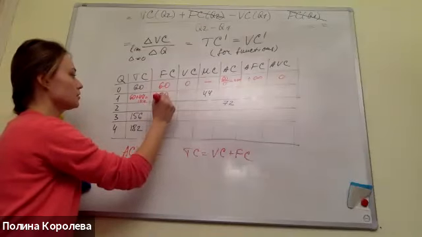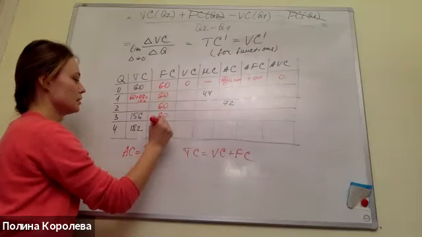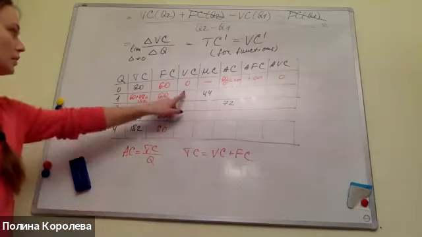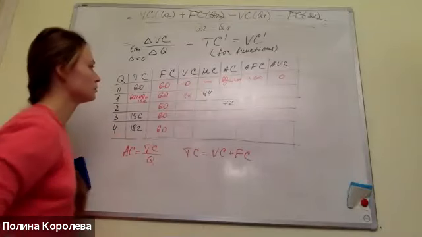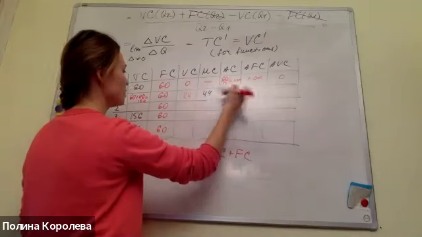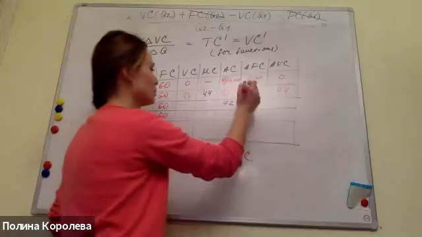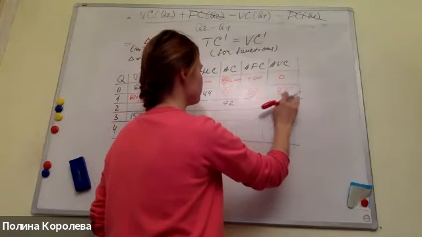We can fill in 60 everywhere because they are fixed. Then variable is 44. Average cost will be 104. Then here we got 60 and 44 for average variable costs, because we divide over 1 everywhere here.